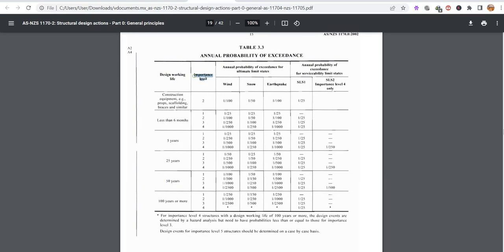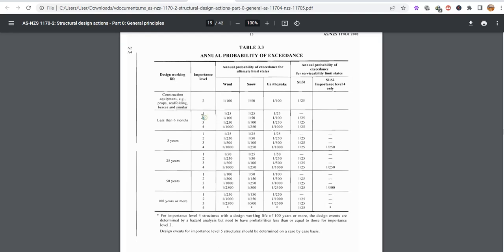So importance level is the importance that is associated with the type of structure. Let's say you are designing a farm. In that case, the structure is less important. So you might go for 1 because it's not associated with the risk in which people are going to use it. Let's say you are designing a residential house, say a 2-story residential house.